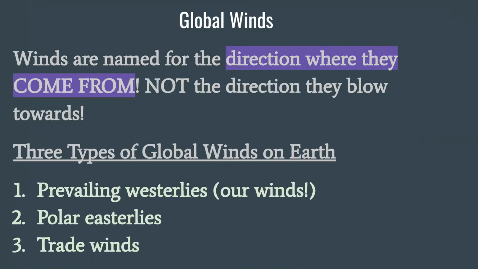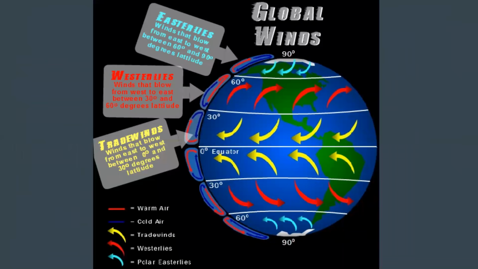The polar easterlies are at your North Pole and South Pole. Those are going to be your colder winds. And then you also have the trade winds, which blow along the equator. Looking at this graphic, the easterlies at the top and the bottom blow from east to west, and it has the degrees of latitude.